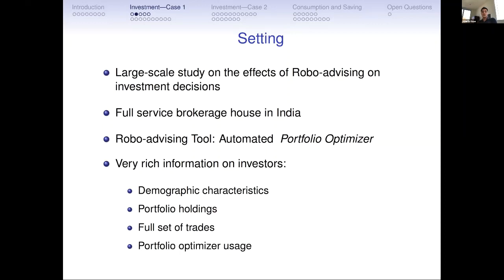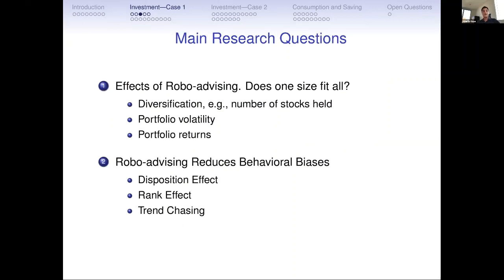Here we have access to a very rich data set in terms of investor characteristics: their demographic characteristics, their portfolio holdings, the full set of trades, and the portfolio optimizer usage. The questions we answer are very simple. First, is the effect of robo-advising uniform across all users, or is there a lot of heterogeneity?